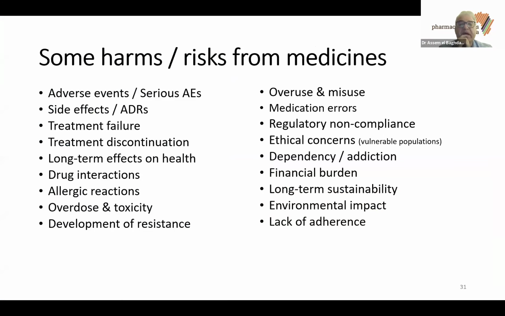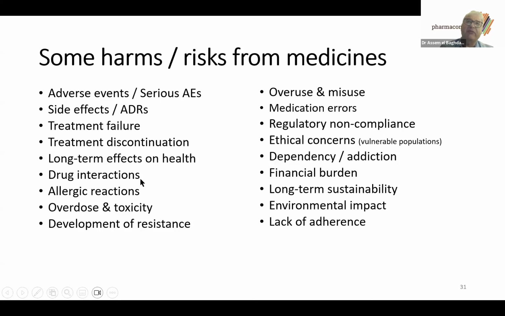Right. These are some risks. I just put it here, and of course you can add as much as you can about the risk. I just want to demonstrate that the risk is not just adverse events, serious adverse events, and adverse drug reactions. There are many things. So you have lack of efficacy, discontinuation, interaction. And interaction depends on polypharmacy, for example, and it depends on the population.